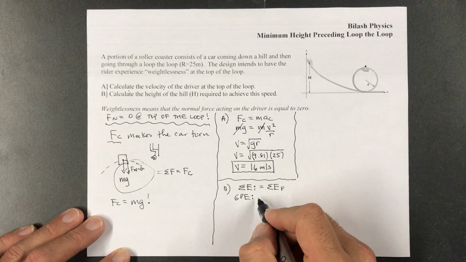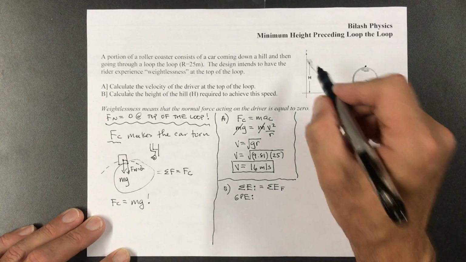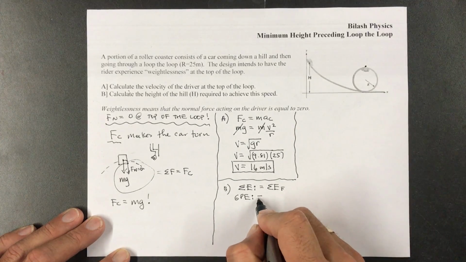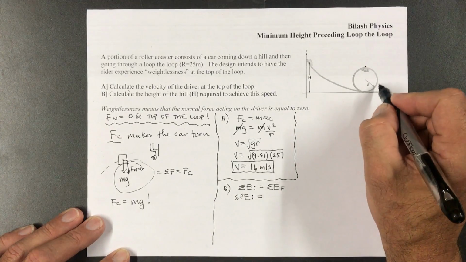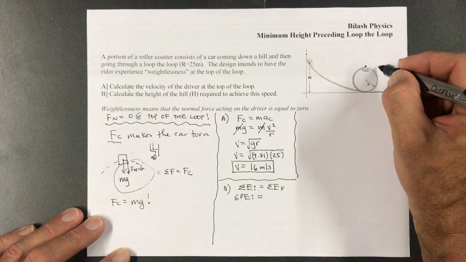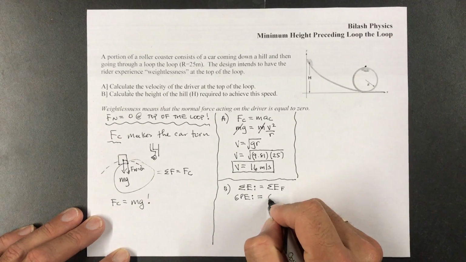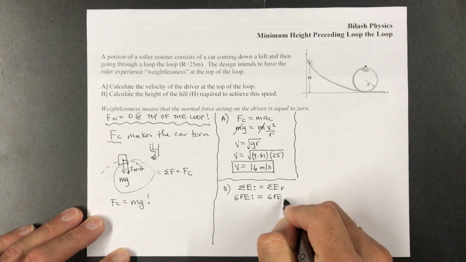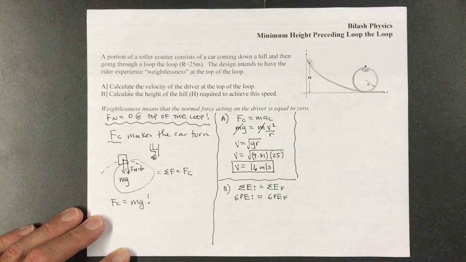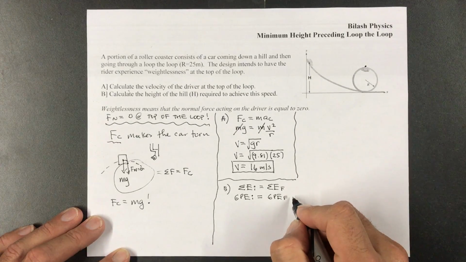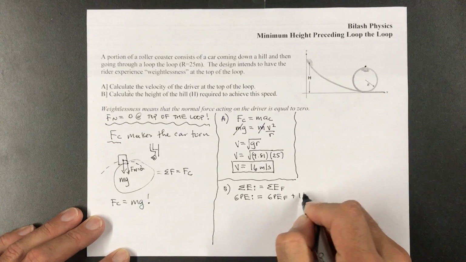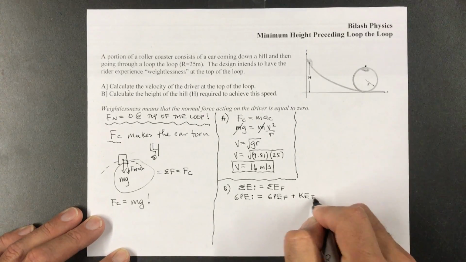That's a reasonable assumption unless we're told that the car is moving at that point. And then what happens is the car goes around this loop, so it achieves a different height. So it still has GPE, but it has a different height. And of course, the car is still moving, so it has final kinetic energy.